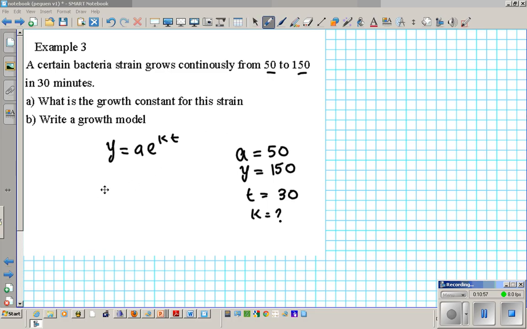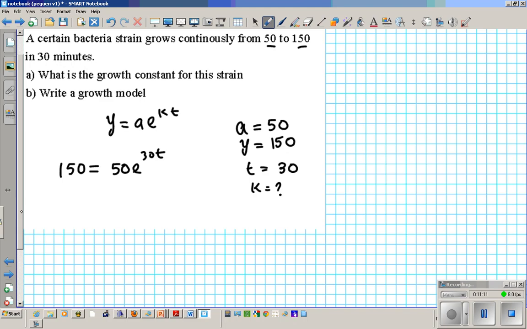So we're going to have 150 equals 50 e to the 30k. Alright? So let's get rid of this 50 first, so I can take the natural log of e to cancel out this e. So divide both sides by 50. So 150 over 50 is 3, so we have 3 equals e to the 30k.